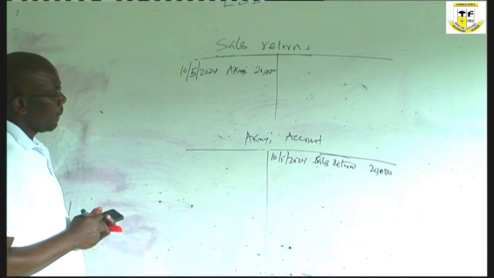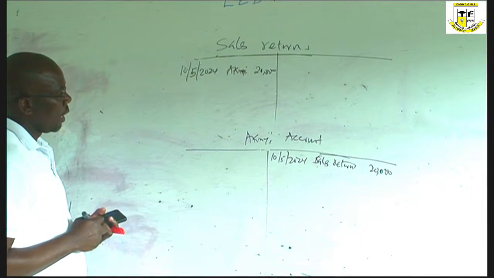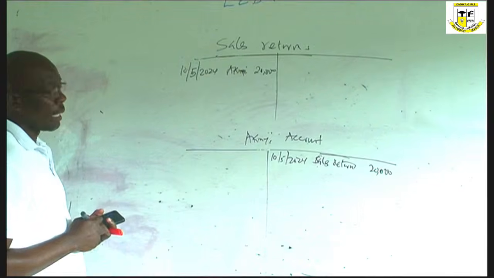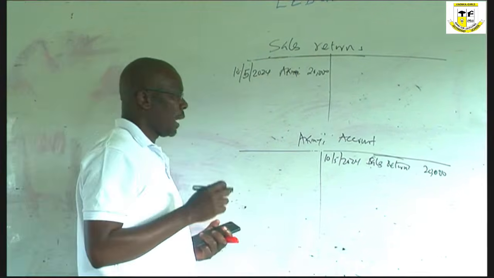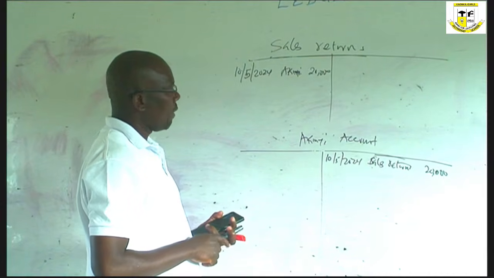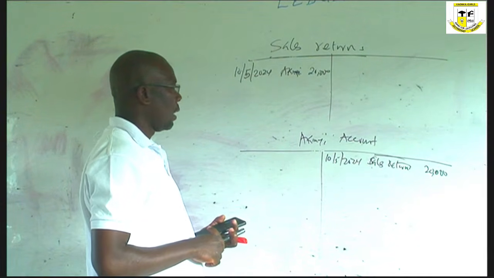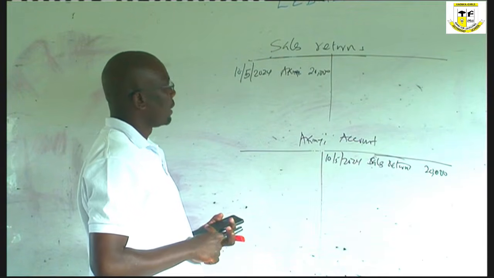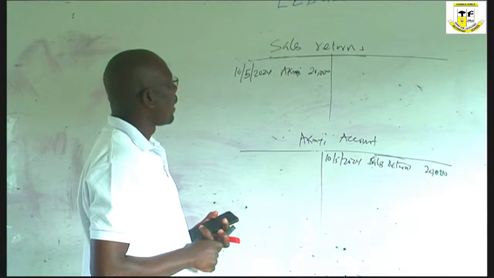I want to stop there. We'll have a break for some minutes. Then when we come back, we will handle the other items in the balance sheet, the other accounts.